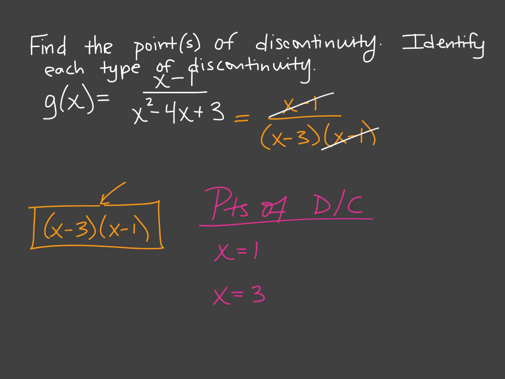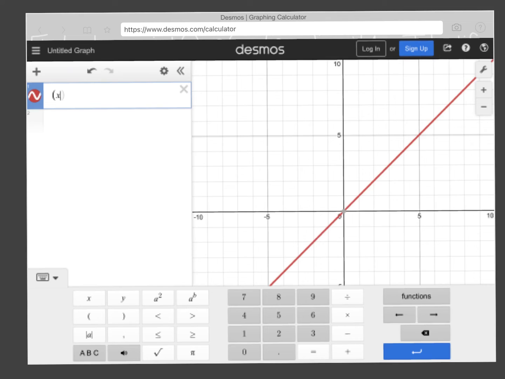In simplified form, the function is 1 over x minus 3, which is just undefined at 1. There's actually a hole there. So at x equals 1, we have a removable discontinuity. And at x equals 3, because this did not cancel, just like in our previous example, we still have an infinite discontinuity there. Let's take a look at the graph just to be sure.